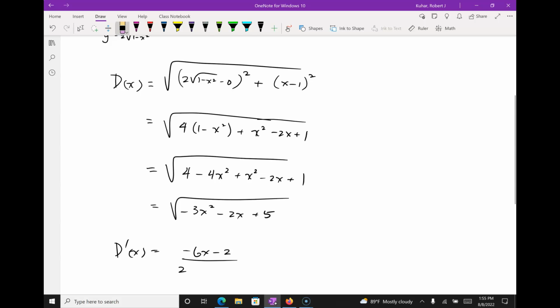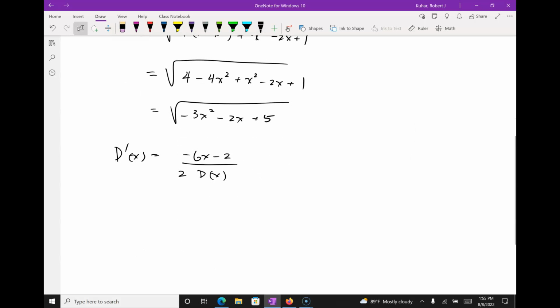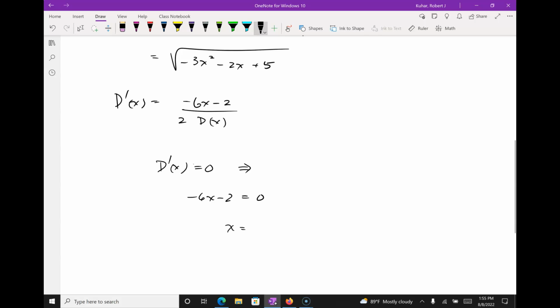I like just to keep it as d of x. So it looks like I get what as my critical value? One third? Negative one third, right?